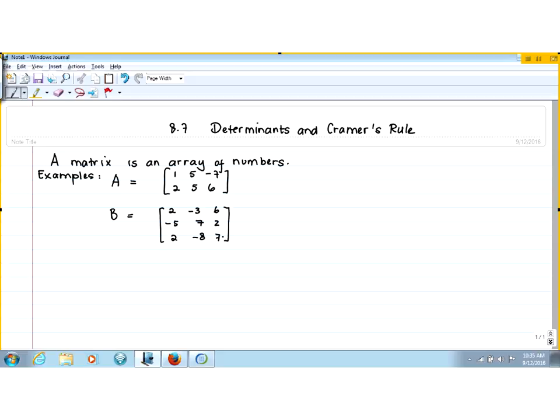Now, can you tell me how many rows and how many columns does A have? Yes. So this is 2 rows and 3 columns. So we say that A is 2 by 3. So I write it like this. A 2 by 3 is 2 rows, 3 columns.